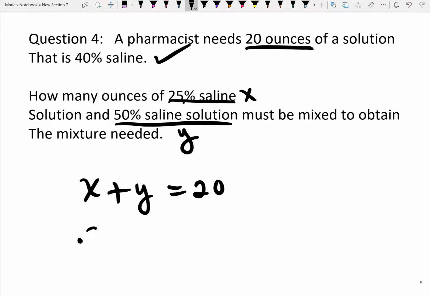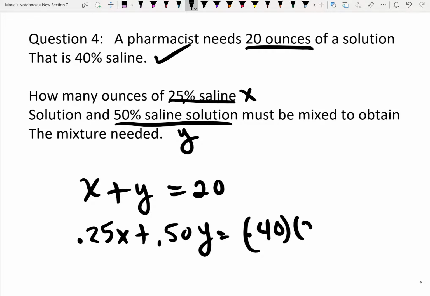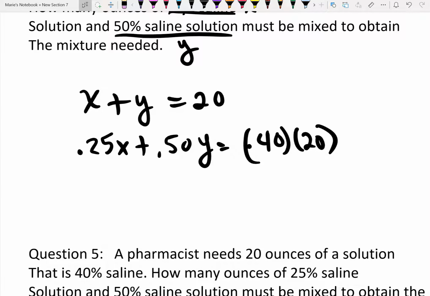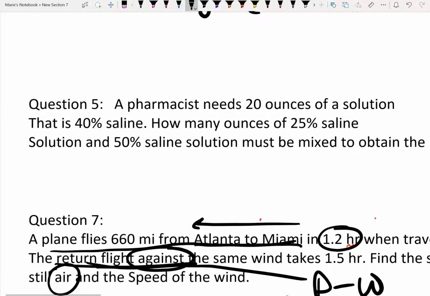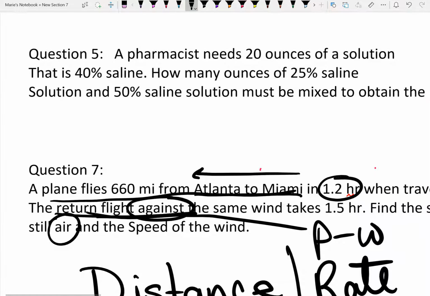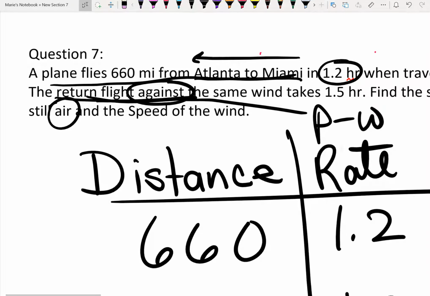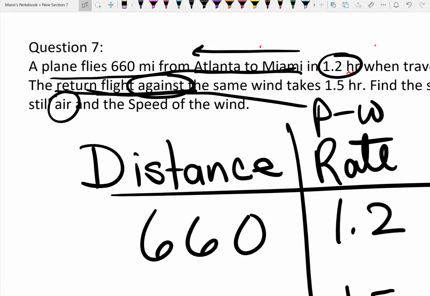And I know that 0.25X plus 0.50Y has to equal 0.40 times 20. This is identical to the other question, so you can follow the same procedure. Let me show you the plane question. We'll do that one next.